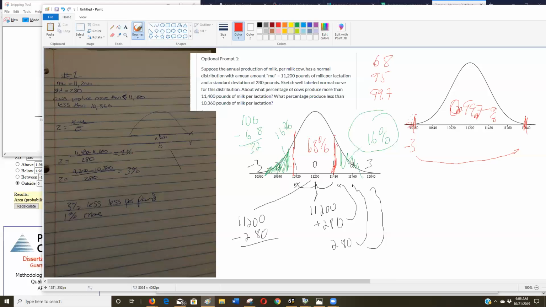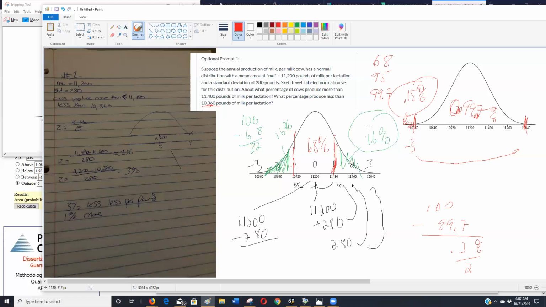So what percent's below? Well, 100 minus 99.7% is 0.3%. Then we have to cut that in half. So there's 0.15%, a very small percentage of cows will produce less than 10,360 pounds of milk.